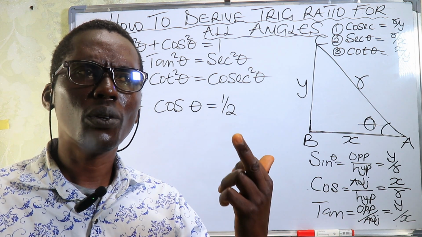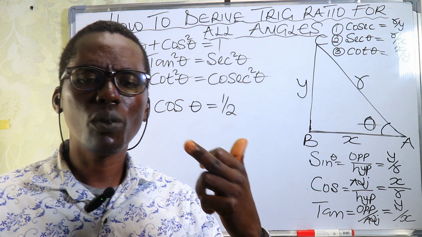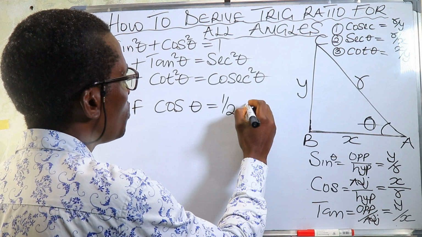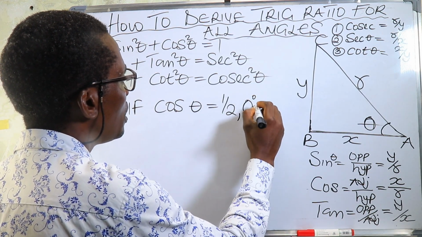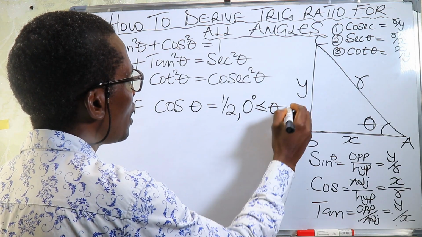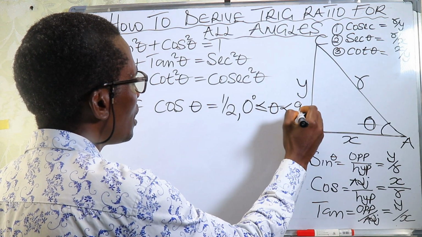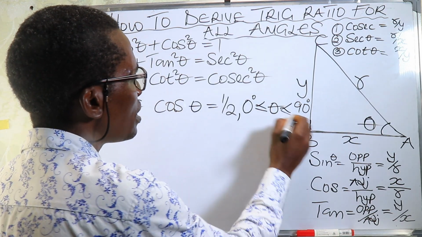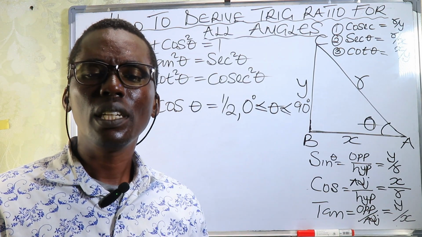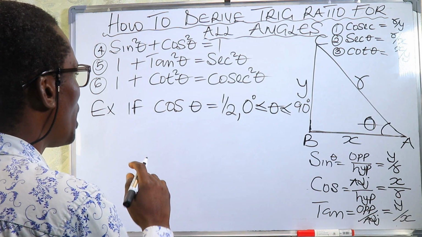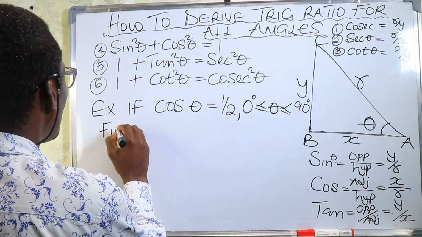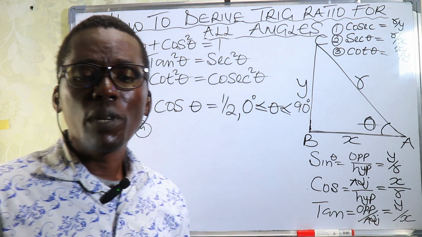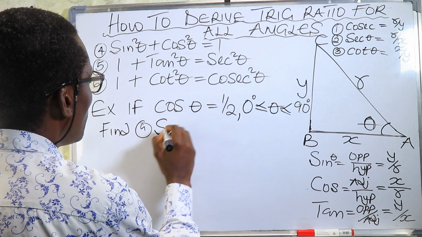Now if they say if cos theta is equal to 1 all over 2, and they tell you say that 1 all over 2 dey in between the ratio of this, theta dey less than or equal to 90 degree. They fit put am like this. Then they go ask you make you find A, sine square theta.